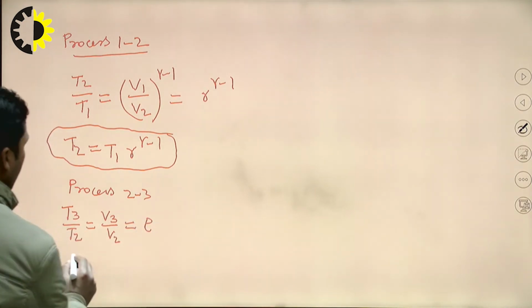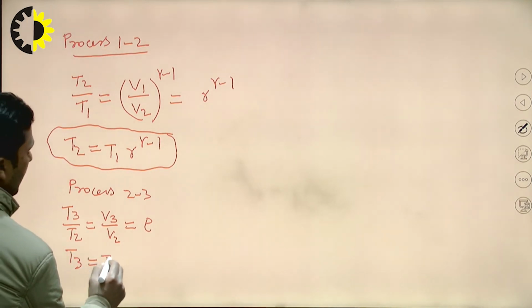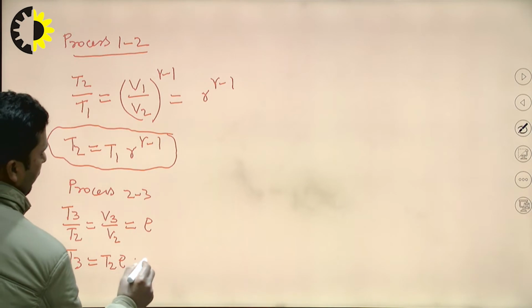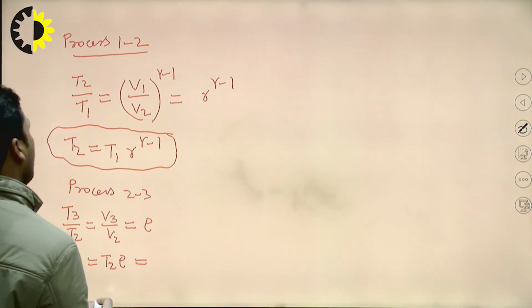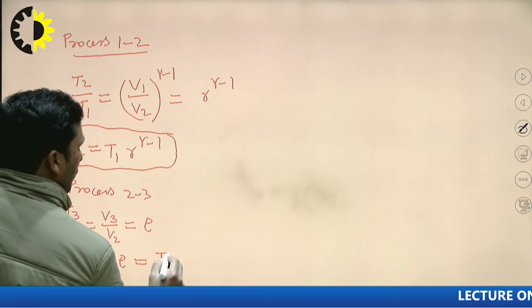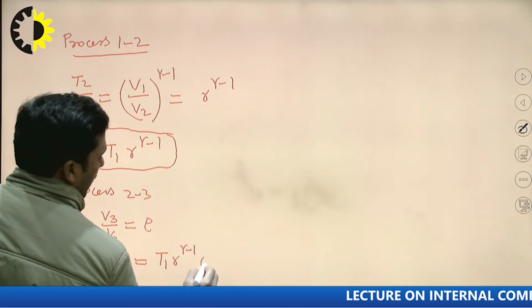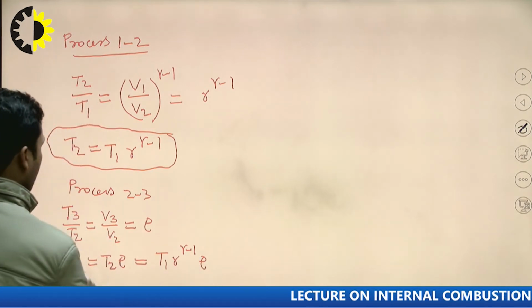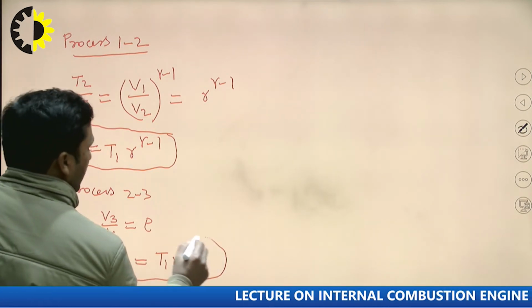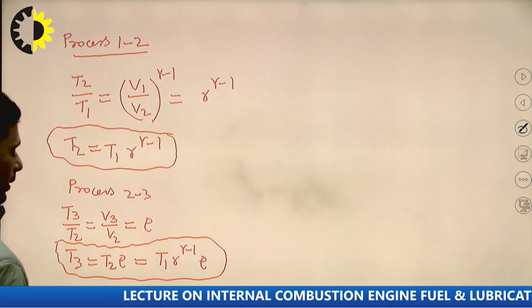So from here T3 will be equal to T2 times rho, and we also know that T2 is equal to T1 r to the power gamma minus 1. So if we put the value of T2, T3 equals T1 r to the power gamma minus 1 times rho. So T3 is also converted in terms of compression ratio r, cutoff ratio rho, and temperature T1.